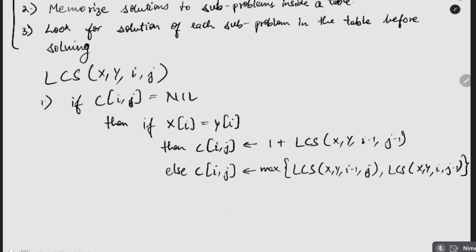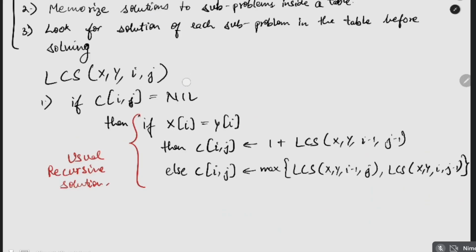So again, this portion is just the same as before, it's our usual recursive solution. But what we are doing here is basically checking.